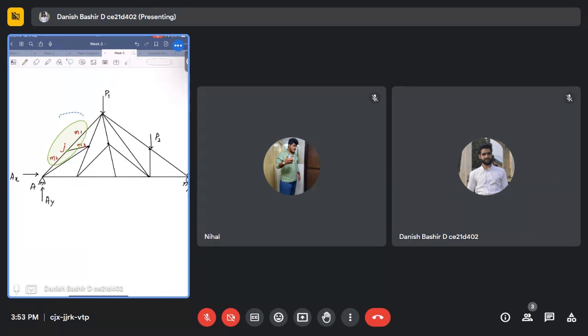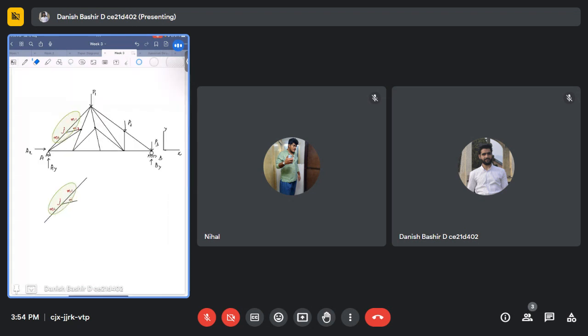So let's erase this. What we will write for this is: M1 and M2 collinear, M3 non-collinear, no external load, no reaction force.